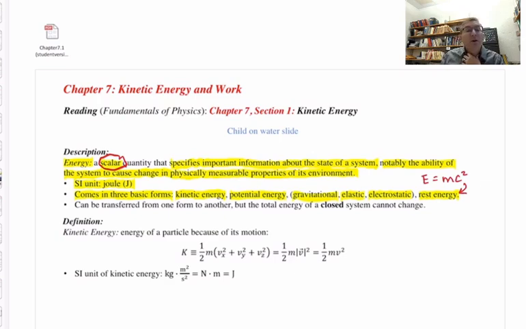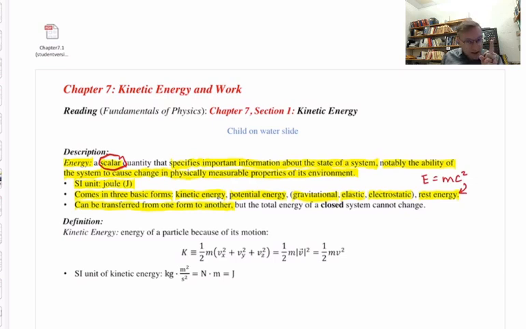Here's something else to know about this scalar quantity called energy. It's got these three basic forms, and the energy can be transferred from one form to another. As far as we're concerned in this class, the transformation will be between kinetic and potential, those two forms. Okay? Kinetic and potential, back and forth. Transfers can happen. Here's an important experimental fact that we've learned from many, many experiments over hundreds of years.